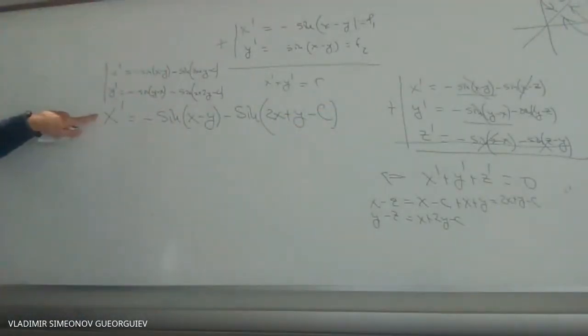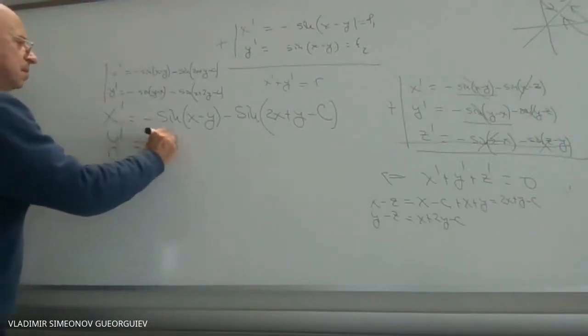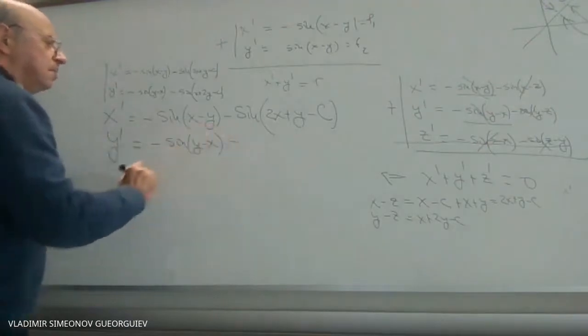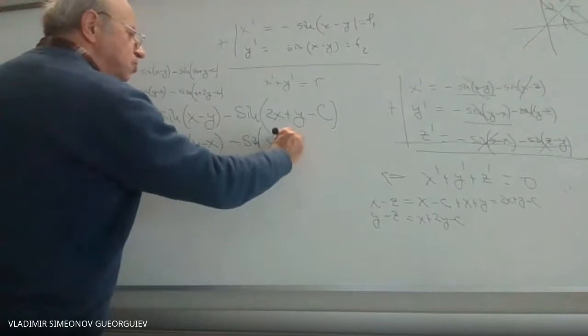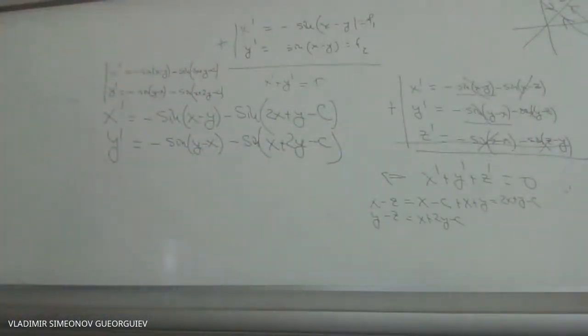This is better? Yes, thank you. Okay, and epsilon prime is minus sine of epsilon minus x minus sine of x plus 2 epsilon minus c. This is our system.